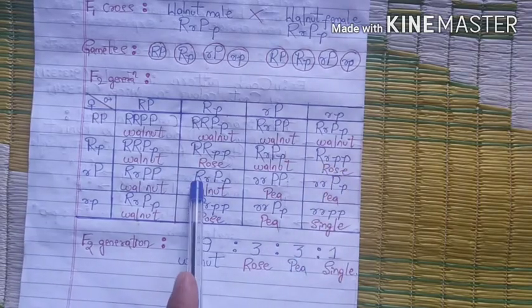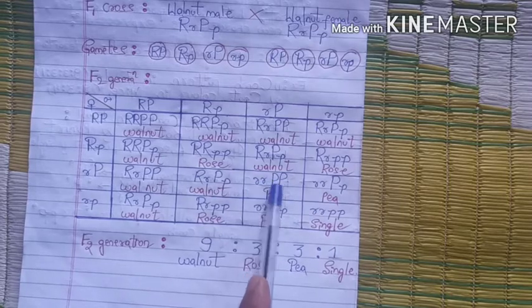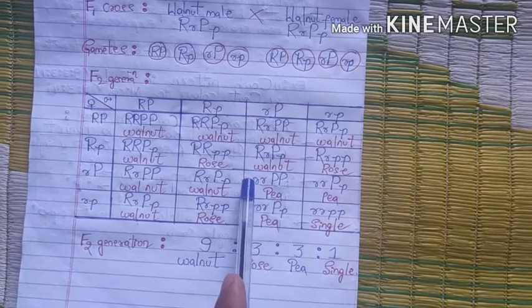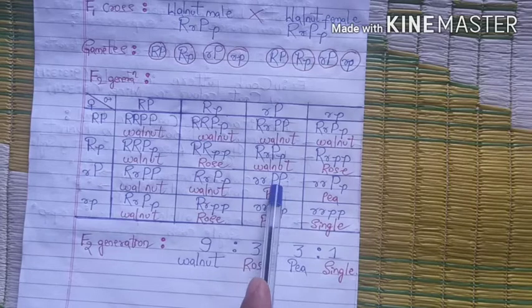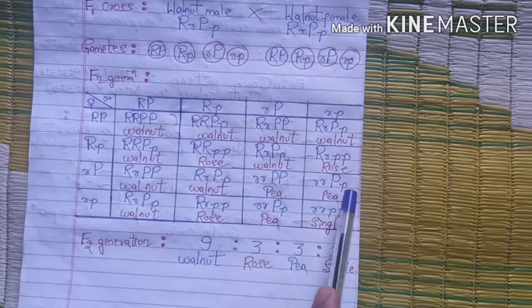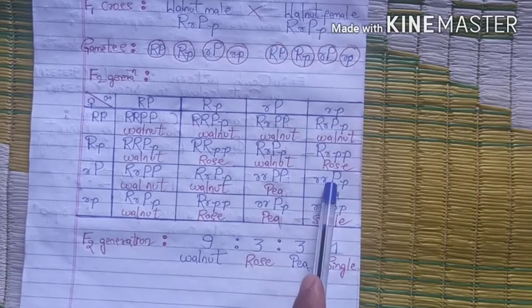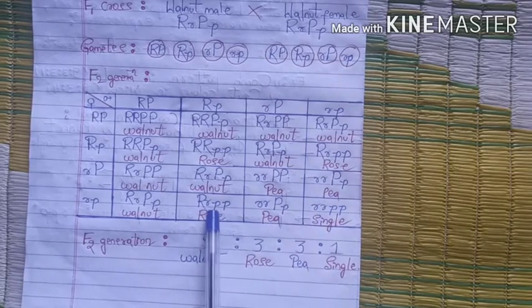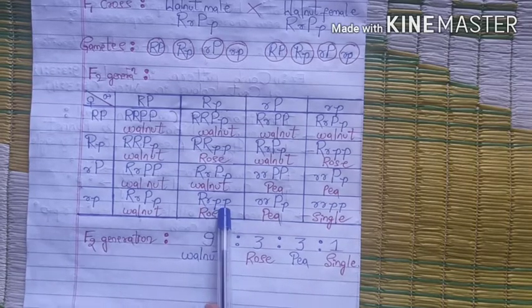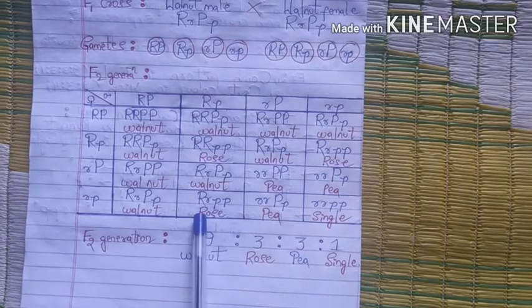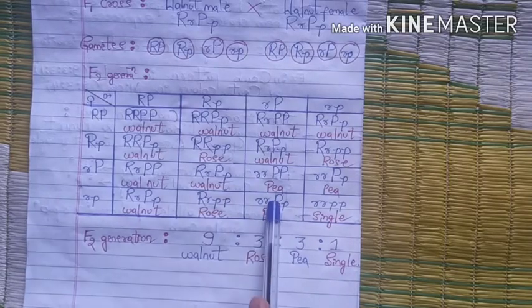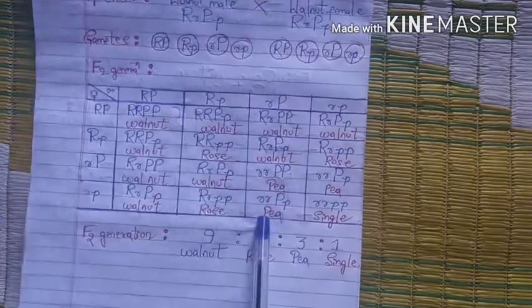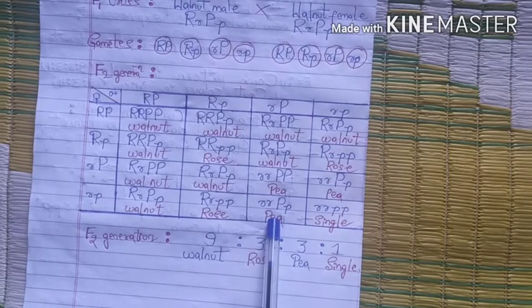Now here, only capital P is there, R in recessive condition, therefore the P character is expressed. So here also only capital P is present, therefore the P character is expressed. Here only capital R is there, P in small or recessive condition, therefore the rose character is expressed. Here only capital P, which stands for the dominant condition of pea shape.